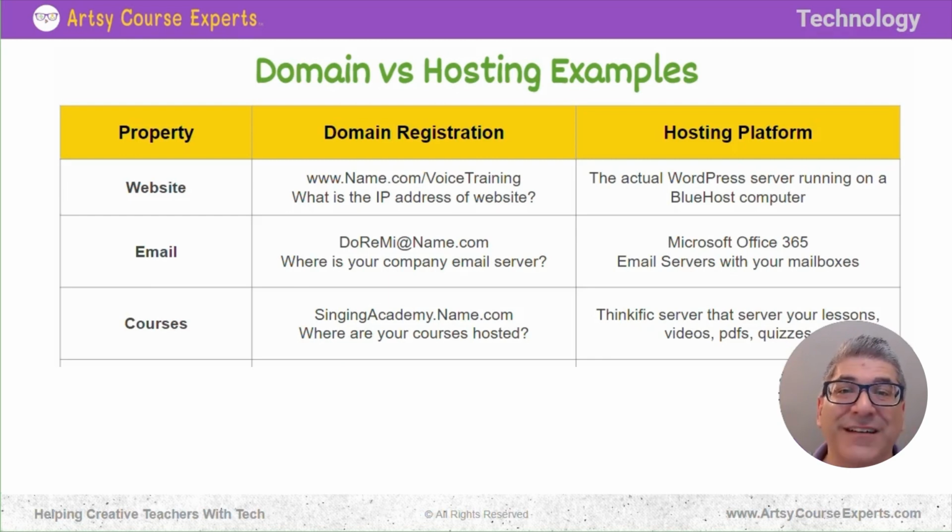And if it's there, you're going to get an IP back, and your browser will then access that IP, and that might be maybe a Thinkific server. And that has your lessons and your videos and PDFs and quizzes and whatnot. But it goes to a very specific Thinkific server and a very specific Thinkific page that provides your courses. And you've wired that up. You've configured your domain to point to that specific server.